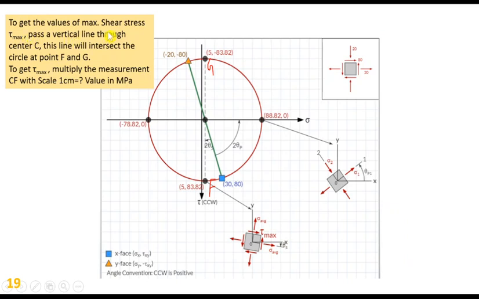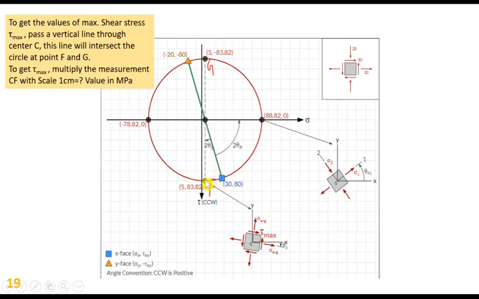To get the value of maximum shear stress, tau max, pass a vertical line that is parallel to the tau axis, passing through center C. This will intersect the circle at 2 points F and G. This F will have some coordinates according to scale.